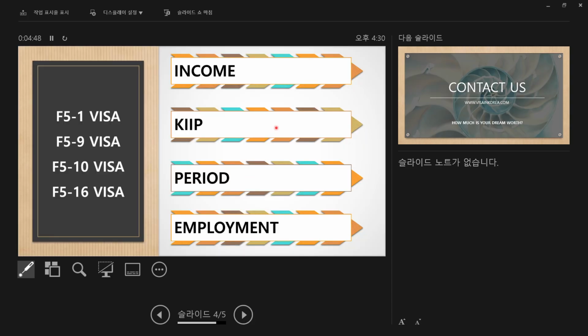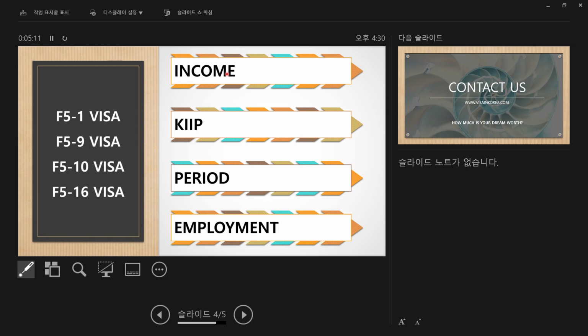First of all, I'd like to explain the four words: what is the income, what is the KIIP, what is the period, and what is the employment type? The income is based on the previous year's income, January 1st to December 31st.